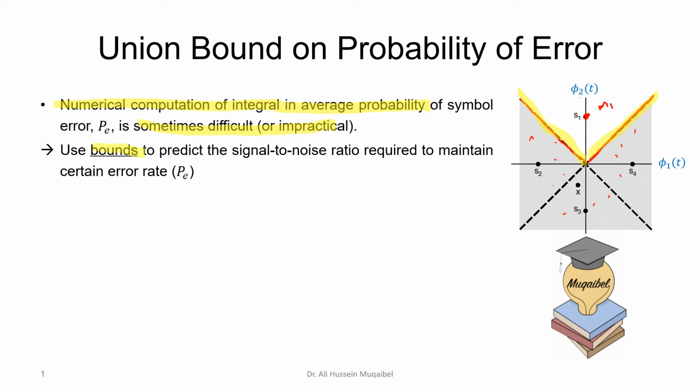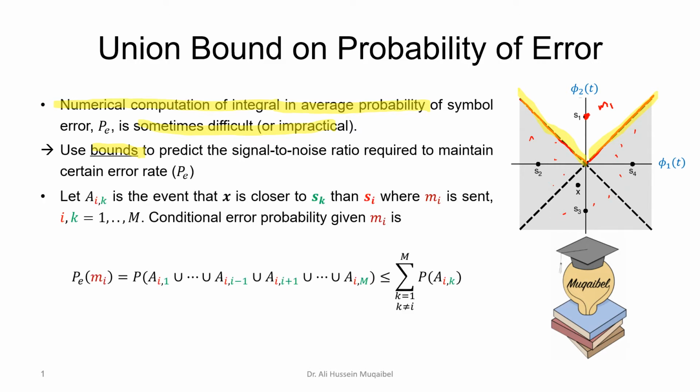Instead of giving you the exact probability of error, I'll give you a bound on the probability of error. To predict the signal to noise ratio required to maintain a given probability of error, we need to use a bound. If we are beyond that signal to noise ratio, we will at least guarantee that we are getting the required communication.